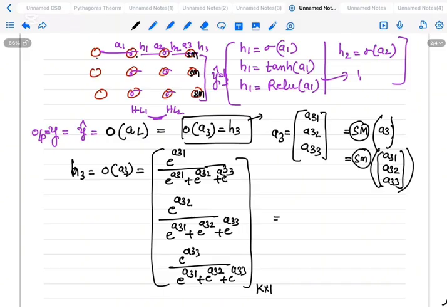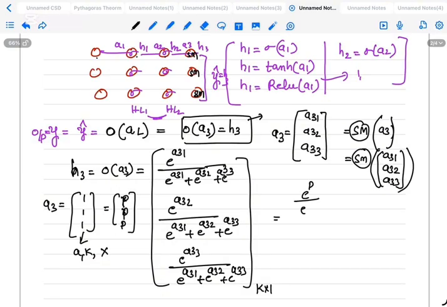If all these values are the same, for example A3 has all values the same, 1 1 1, or any constant value a or k or x, any value, say p. Then e power p divided by e power p plus e power p plus e power p equals e power p divided by 3 e power p.